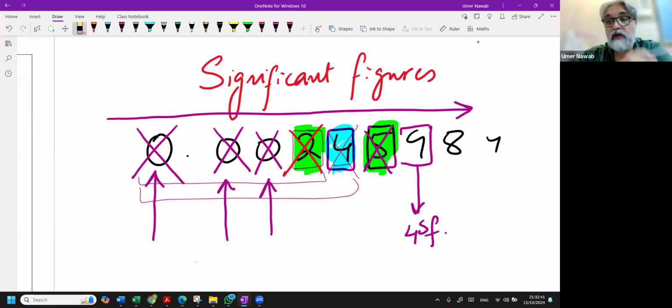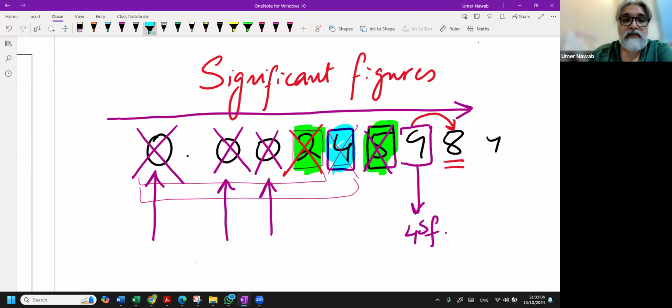I want to round the number to the fourth significant figure, so what is written after 9? After 9, I have an 8. As you know, if a number is 5 or more than 5, then the preceding number, which is 9, should be raised by 1.